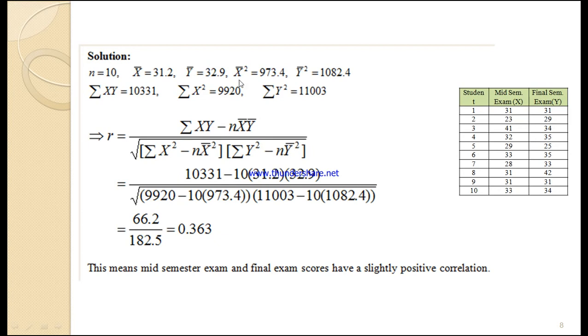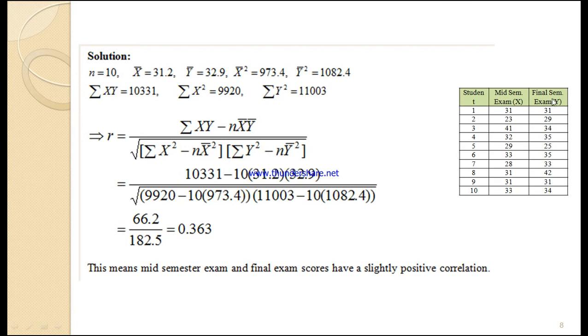The sum of x squared is 9,920, which means we square the mid-semester exam result of all 10 students, and when we add the results, we obtain this result. The same is true for the calculation of the sum of y squared.